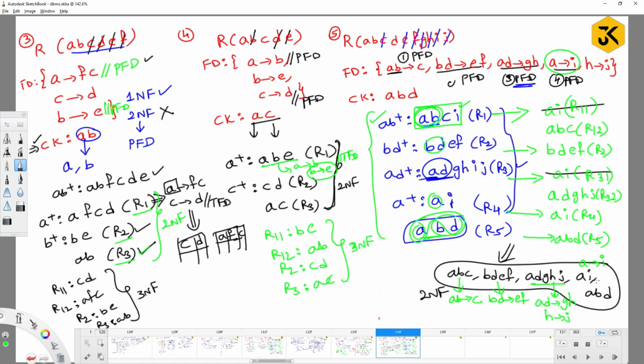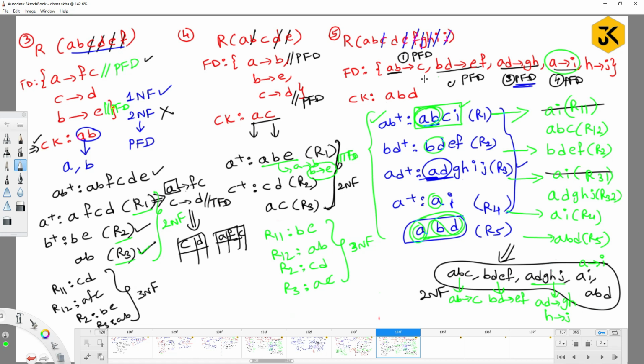Can we get anything related with the A closure, with respect to BD? I mean, how are we going to find the various functional dependencies? We start with single FDs, 2 FDs, then 3 FDs. 3 FDs are possible, but they come under trivial FDs, so we should not consider them, because they are always going to be satisfied. So we have to find the A closure, B closure and D closure.